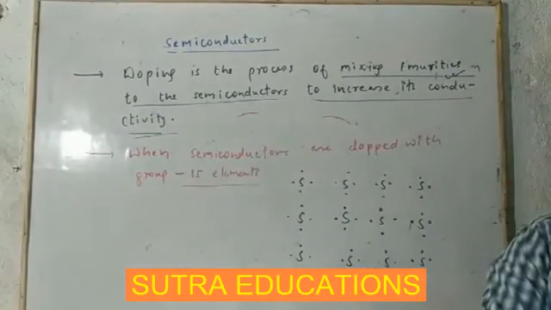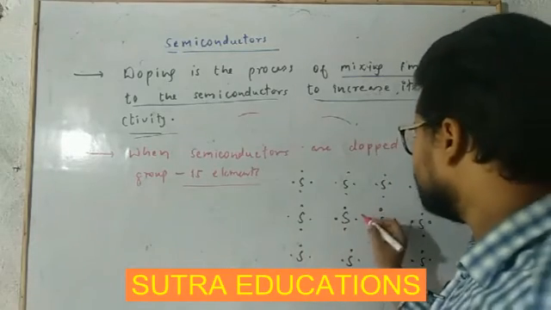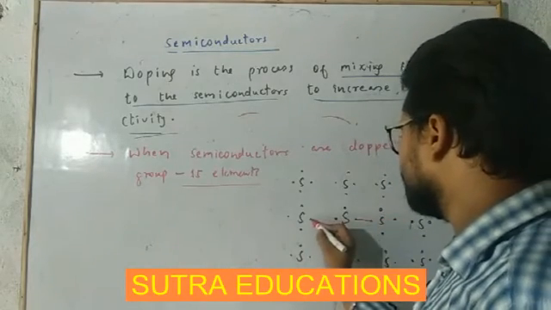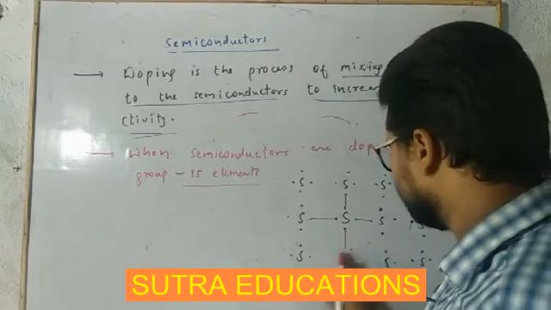Silicons have 4 outermost electrons, so their valency is 4, meaning one silicon is bonded with 4 more silicon in this way.